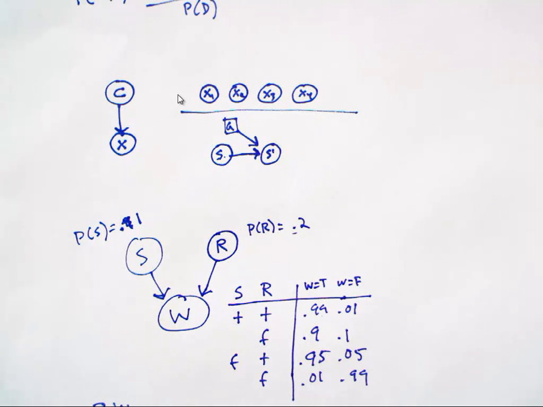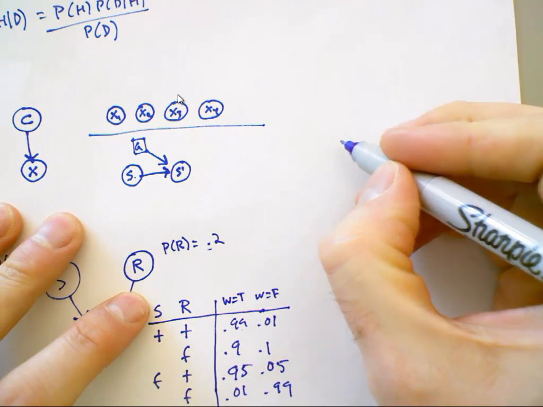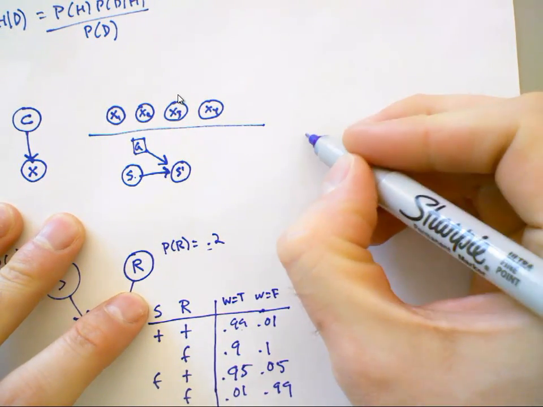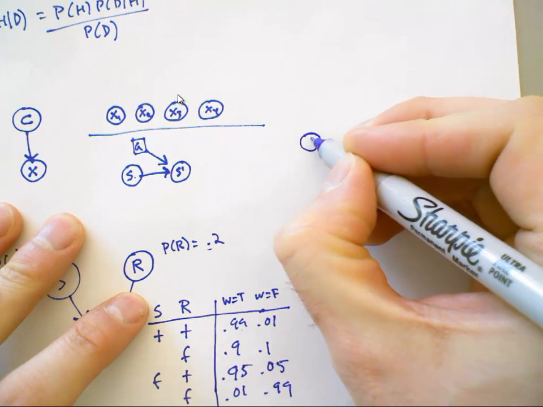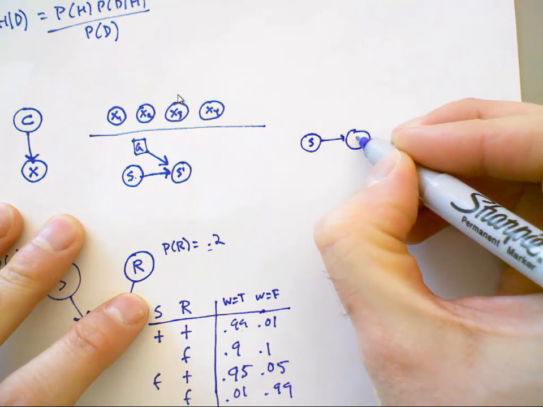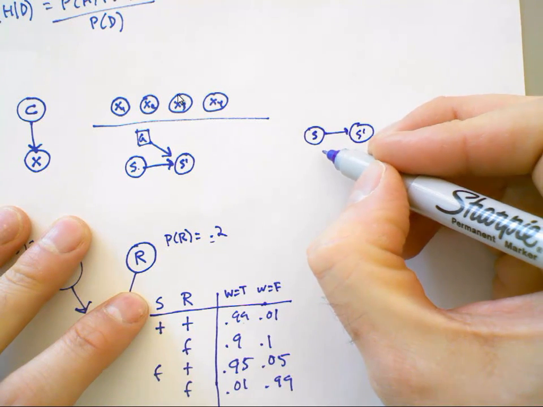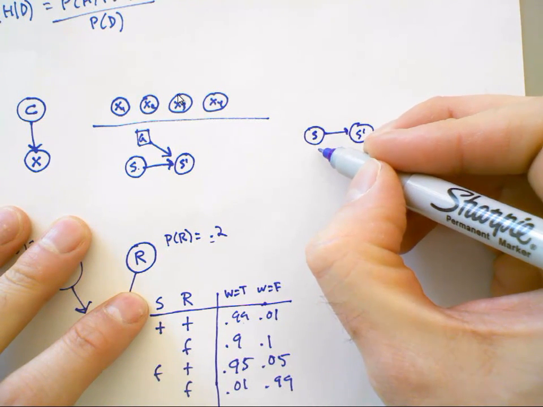So for a particle filter, you were in a particular state, and you went to the next state, and you also had some evidence, some observations.